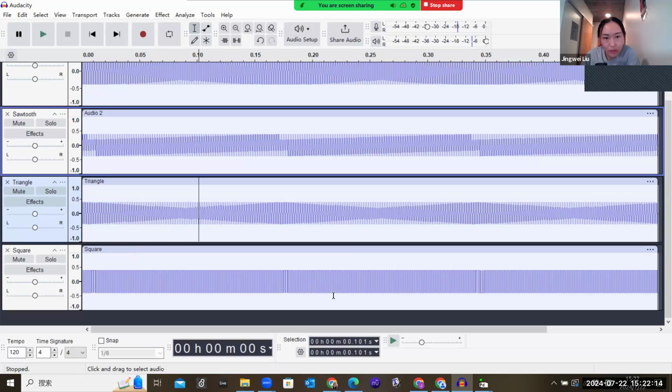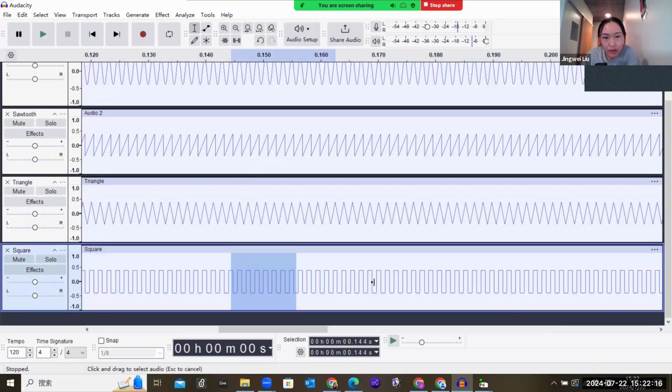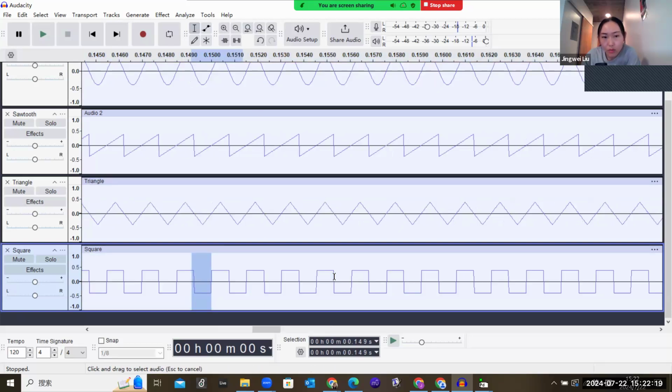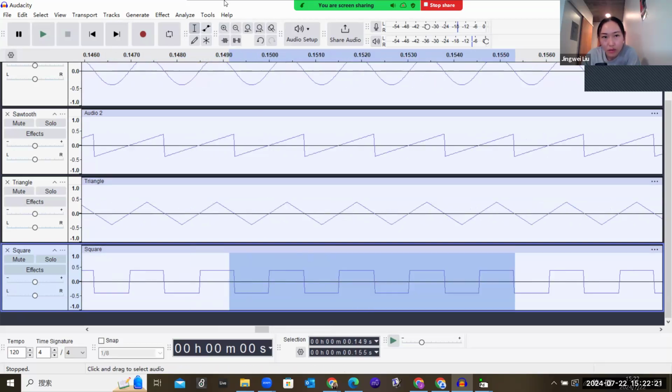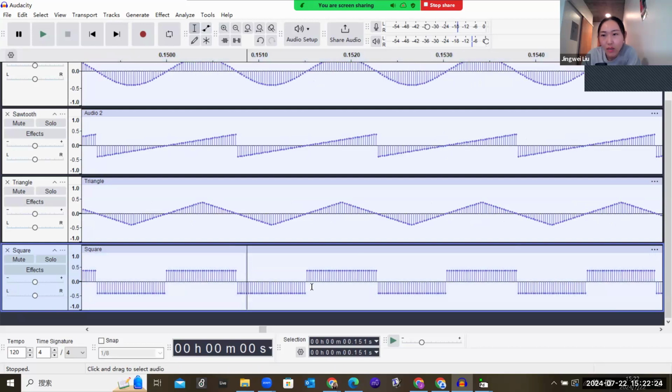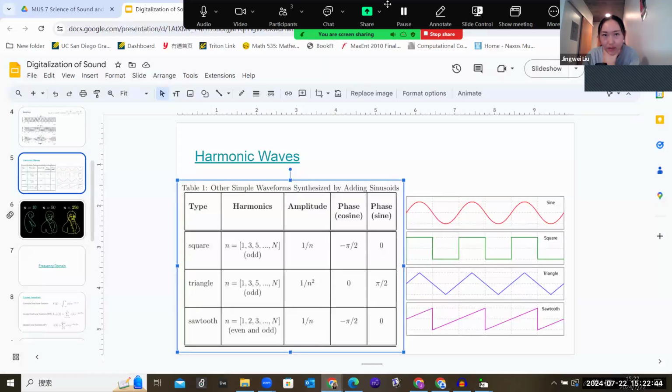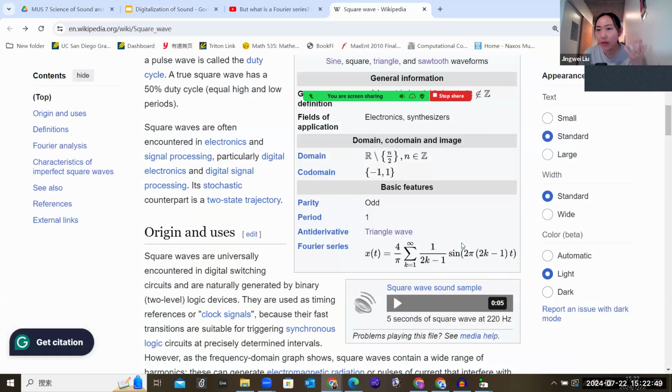So for this square with alias, the square wave here is a perfect square wave. It doesn't use additive synthesis here. Actually, I believe it's just creating positive and negative numbers and playing them through the speaker. That's why it creates alias, because a perfect square wave, in terms of sinusoids, is adding up infinite upper harmonics, right?